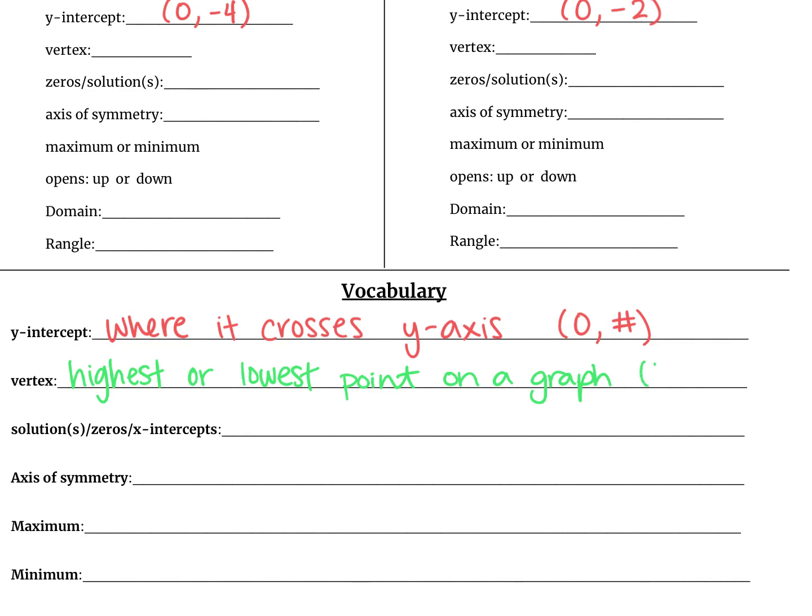Sometimes you can refer to it as the turning point. Okay, so we'll look at these two graphs above, and you're going to see what I mean by the highest or lowest point.